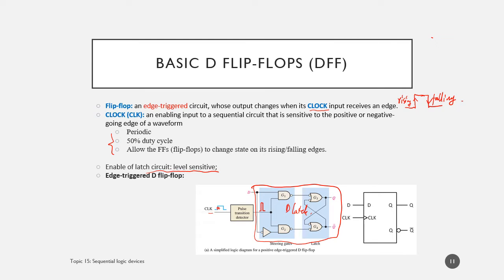This is the enable input for the D latch. When enable equals 1, the D latch will work and the output can follow the input D. So this circuit generates a very short pulse where we have a 1, the latch works for a very short period of time, and then it goes back to the no-change state.